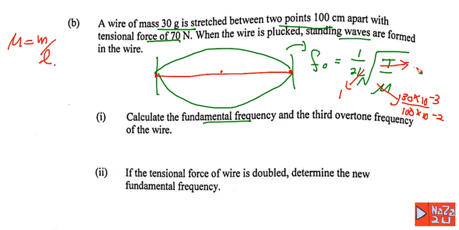The tension of the string is 70 Newton. So from the calculation, f₀ is equal to 24.15 Hertz.